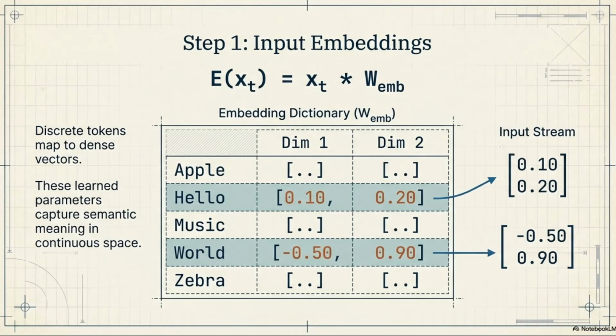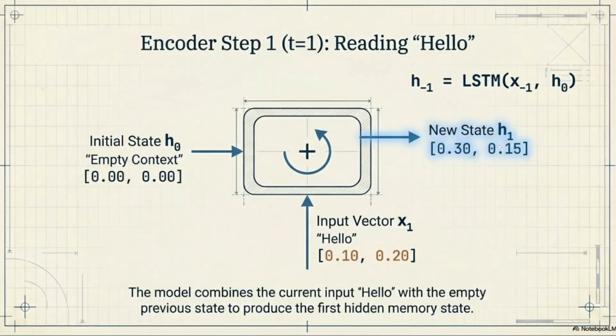Okay, so now in the encoder step at T1, the encoder begins. We feed our first embedding, "hello", into the LSTM at time step 1. The previous hidden state would be empty. It's usually a 0 vector because there's nothing and we're just starting. Then the LSTM performs its internal gate operations, like the forget, input and output gates.